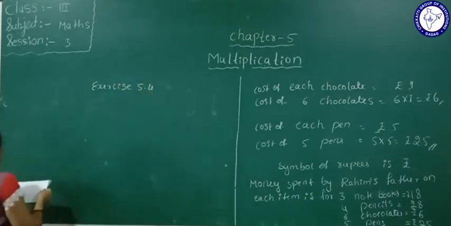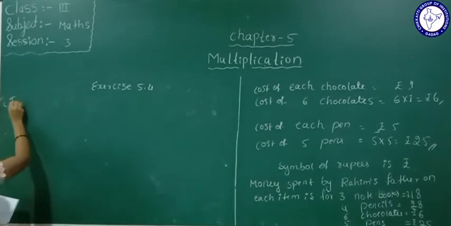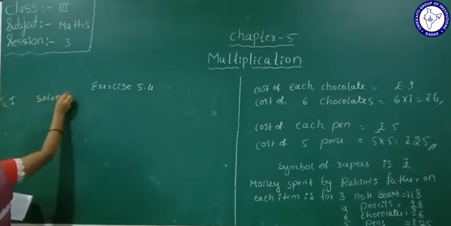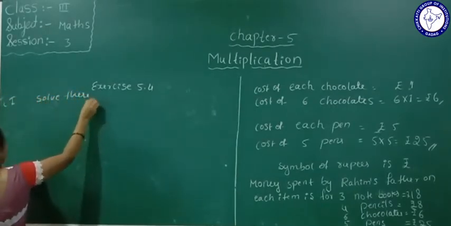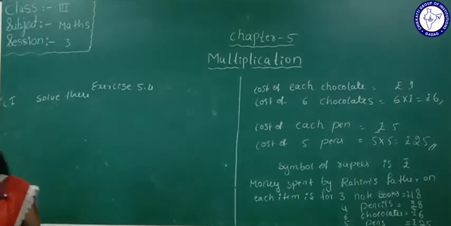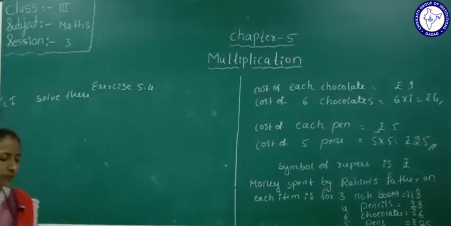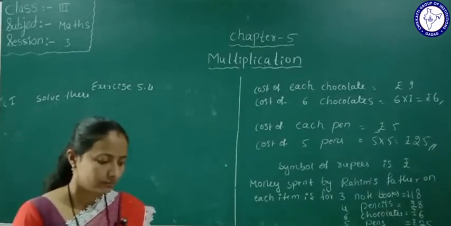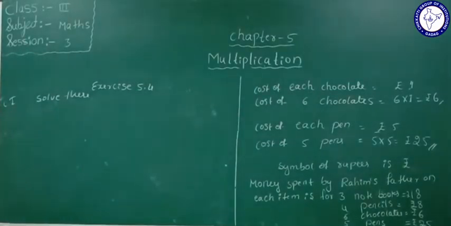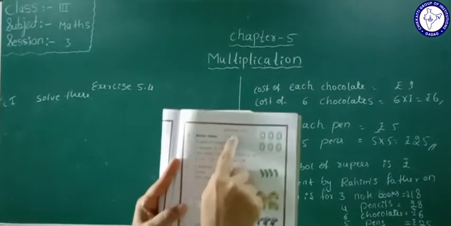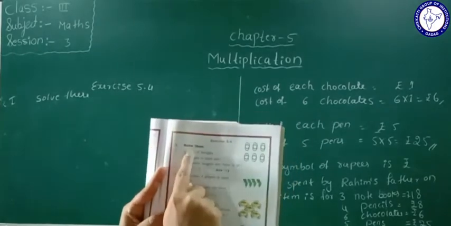What is given here? First one, solve these. Okay, here see students, I'll show the textbook. In the textbook, see the exercise 5.4, they have given: solve these.